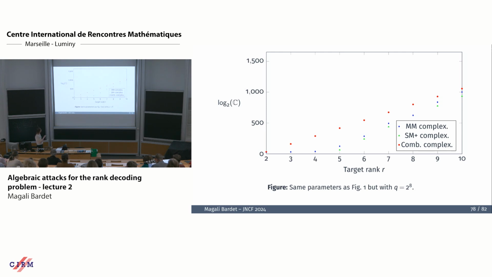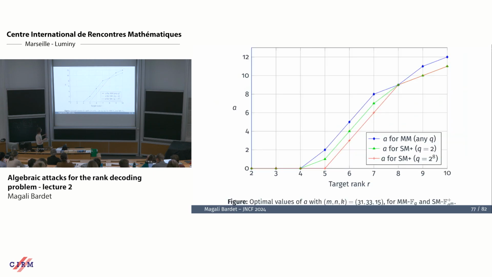So in this setting, we are always better than the combinatorial attack, and the support minors become more interesting than the max minors approach, because you can take a smaller value of a, which is here. You can see here that, of course, you need a smaller value of a to be able to solve with the support minors approach, with more variables than the max minors approach.